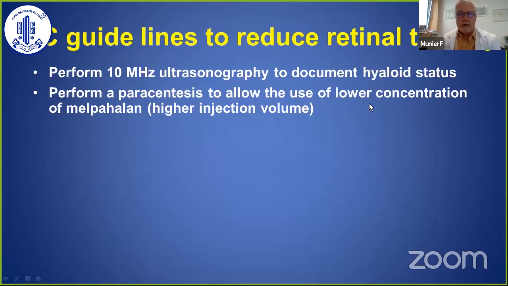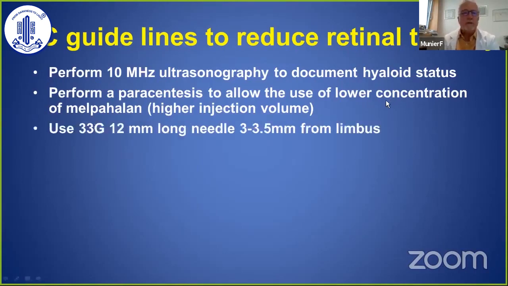This allows you to inject bigger volume in the vitreous and to use lower concentration and a better distribution of the drug. I use a 33 gauge needle, 12 millimeter long, at 3.5 millimeter from the limbus. If I have a newborn, I will go to 3, but never below, to avoid complication at the level of the lens and anterior segment.